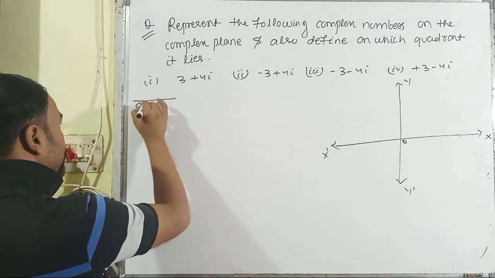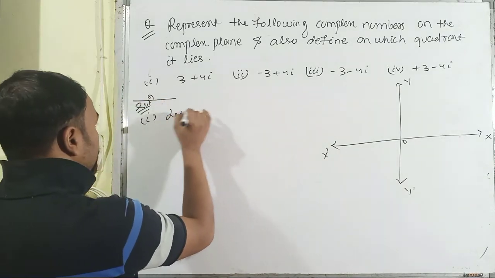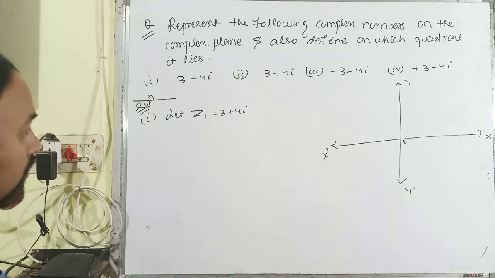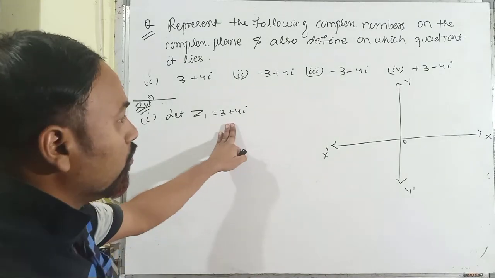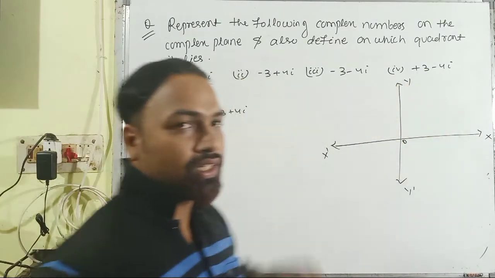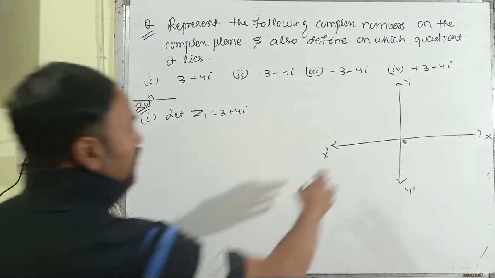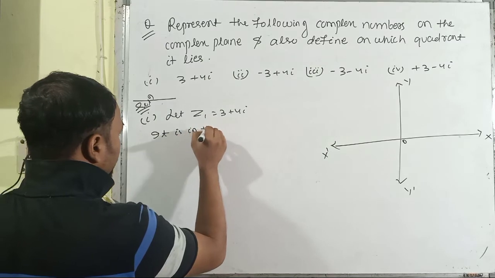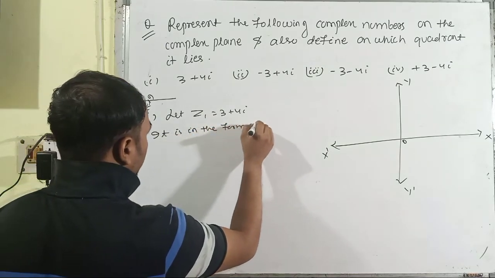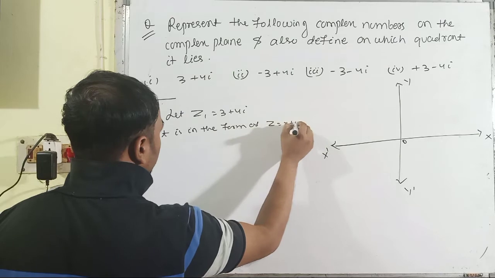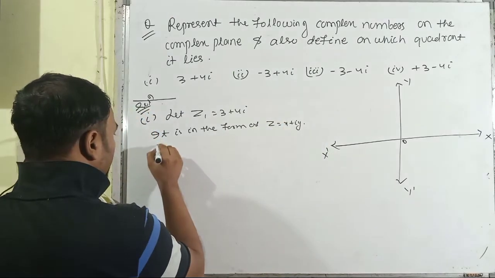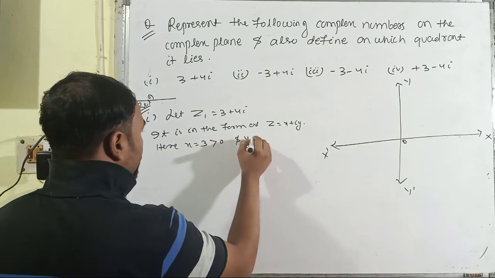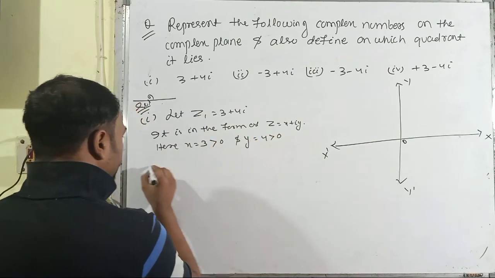The first one: let z1 is equal to 3 plus 4i. The point P(3, 4) will be plotted on the first quadrant. It is in the form of z is equal to x plus iy. Here x is equal to 3 greater than 0 and y is equal to 4 greater than 0.